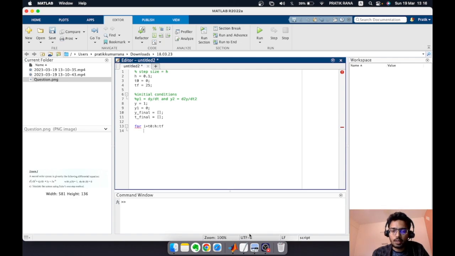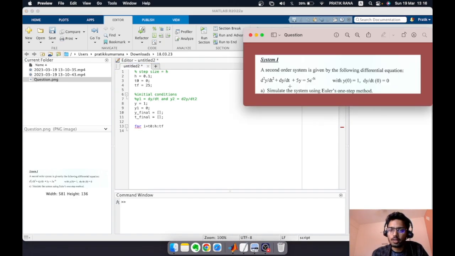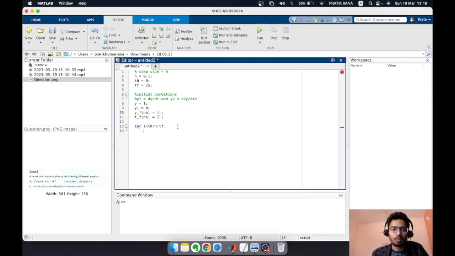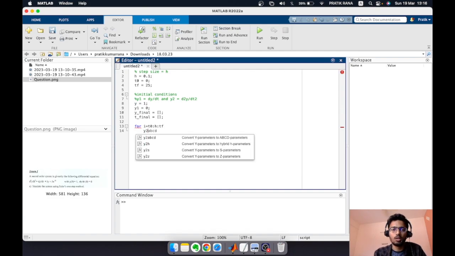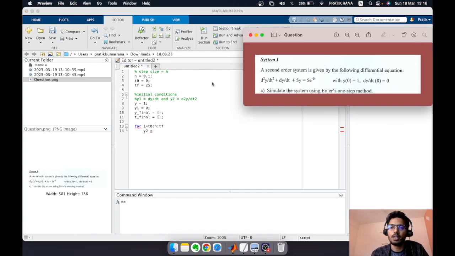Now we'll need the differential equation that we have with us. d2y by dt square plus dy by dt plus 5y equal to 5e to the power minus 5t. So we'll have y2, that is d2y by dt square. If I keep this term on the left hand side and shift all others to the right, we'll get y2 equal to minus y1 minus 5y plus 5e to the power minus 5t.